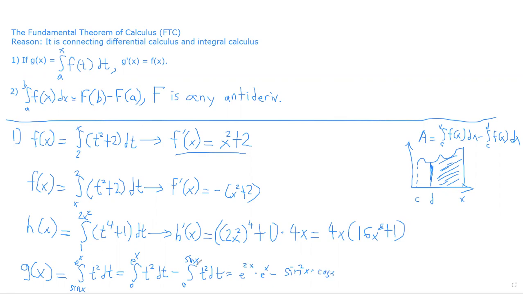Because remember, sine x to the power of 2 is sine squared x, and then the derivative of sine is cos. And you can just say this is e to the power of 3x. I'm lazy. I don't feel like doing it. I'm going to leave this as my final answer.